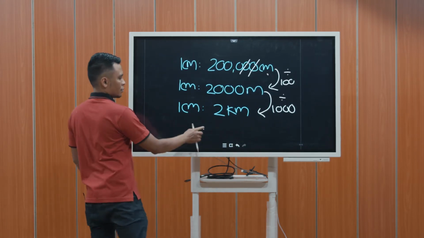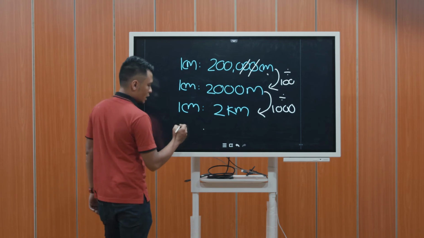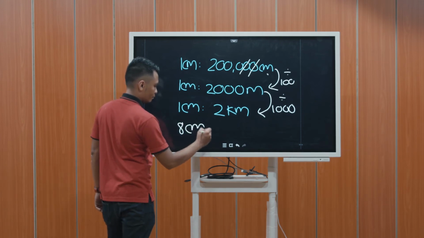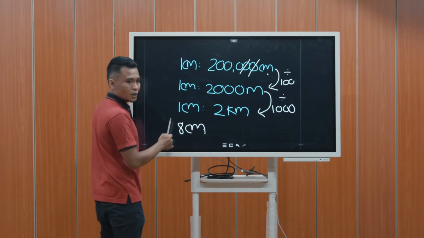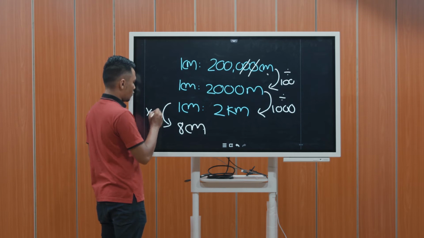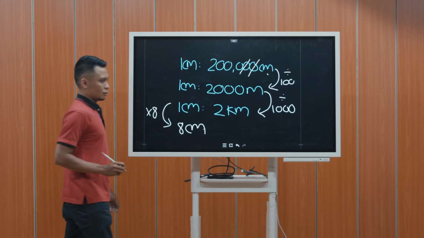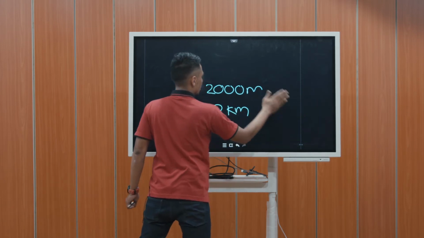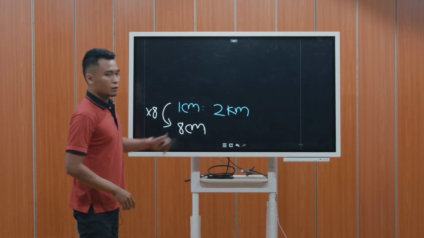Look here. Now I want 8 centimeters. From 1 centimeter to 8 centimeters is actually a multiplication of 8. Agree? I will remove this first. Okay.